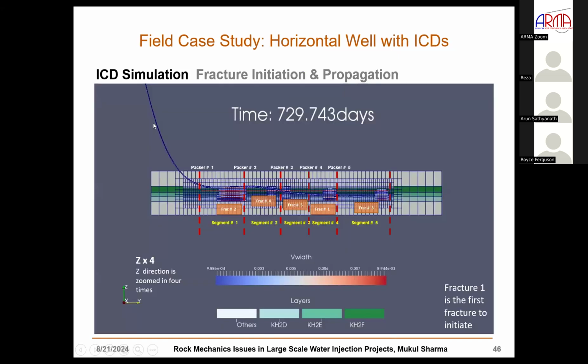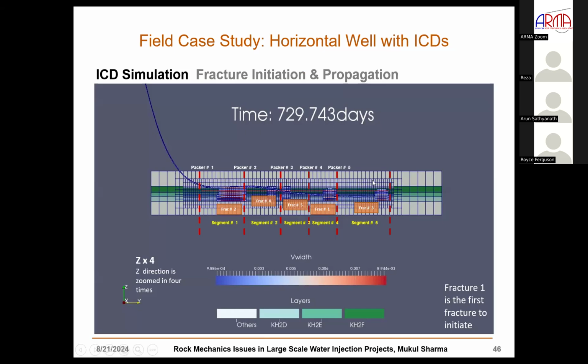And so you can actually see how the fractures grow in these situations, in these complex situations with wells that have a lot of jewelry in the well. And in this particular example, they actually had 13 inflow control devices in the wellbore. And the question becomes, how many do you use? Where do you place them? How do the fractures actually grow in these? All geomechanics related.